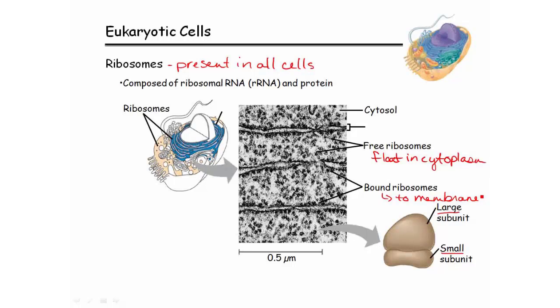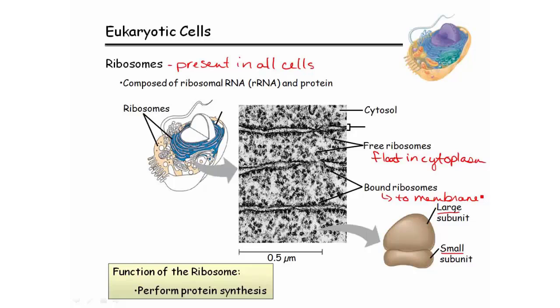The ribosomes are extremely important to a eukaryotic cell because these are the ones that are going to be performing protein synthesis. By performing protein synthesis, they are constructing that primary structure of the protein. So recall when we talked about the primary structure, we have to get all the amino acids hooked together in the correct order.